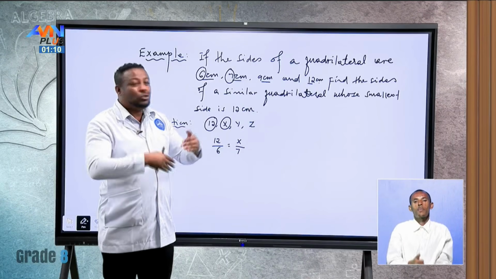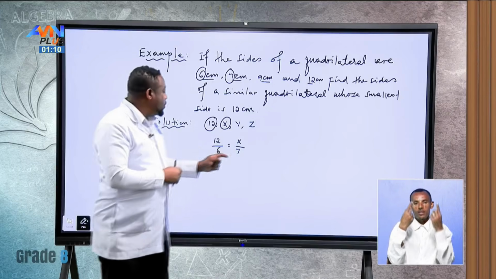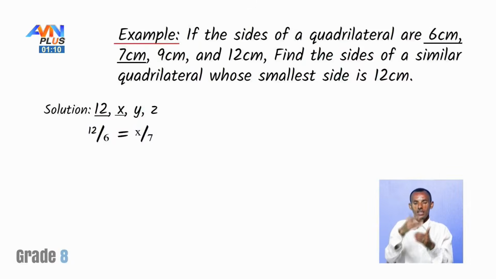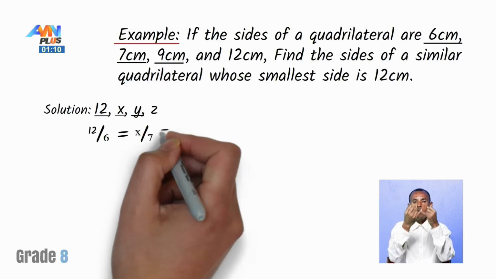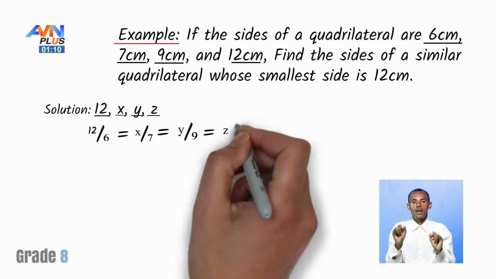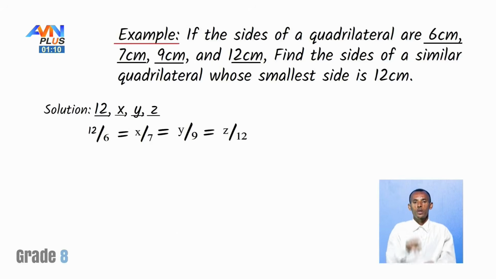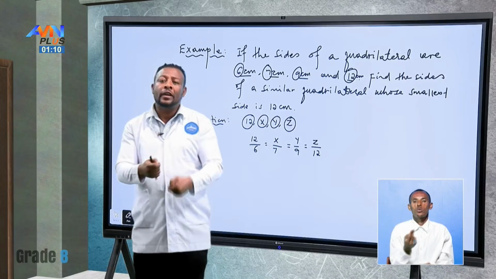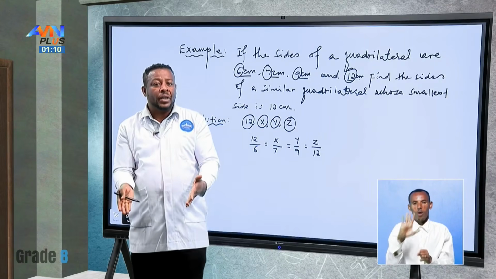So you need to understand that way. So this should be fulfilled. The next proportion is y over 9, okay? And the last proportion is z over 12, okay? So this is the first step that you need to apply to find the unknown sides, right?